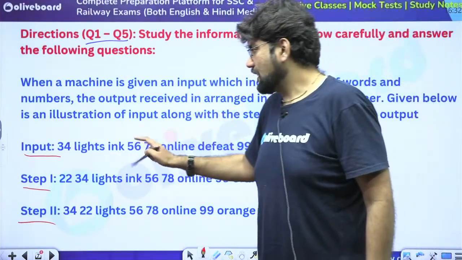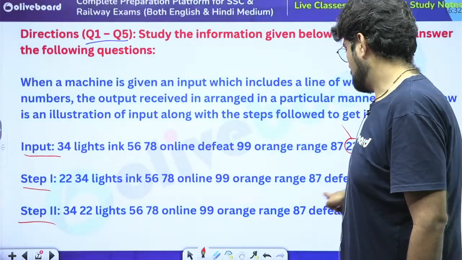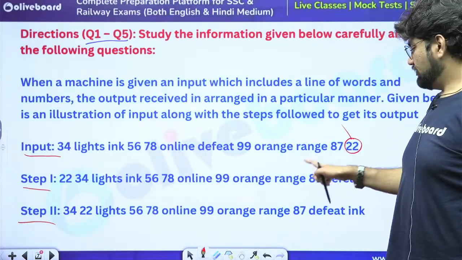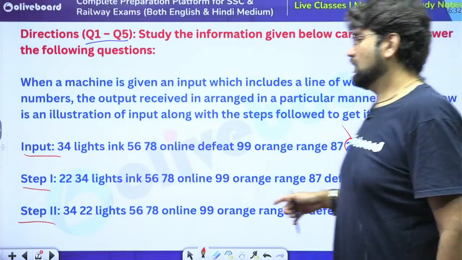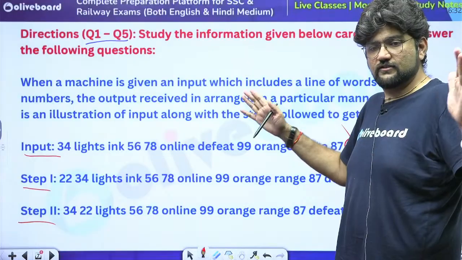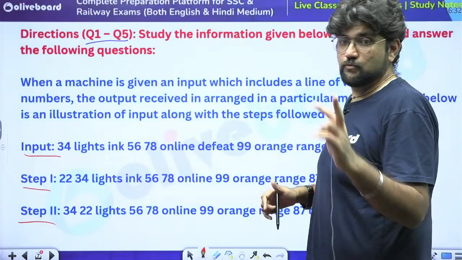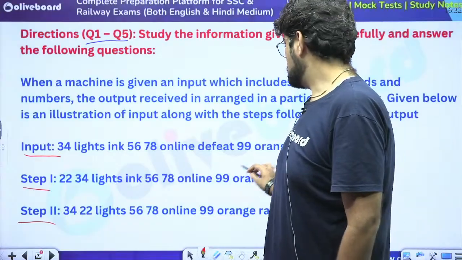Okay. And simultaneously, they are bringing the smallest word, defeat, also at the back. So defeat is coming here. There is a pushback here only. So the words will be arranged here and the numbers will be arranged here. So everything will go towards the back and the rest of them will be squeezed together. Double pushback. That is what is happening. Understood? In the next case, 34 will come here.